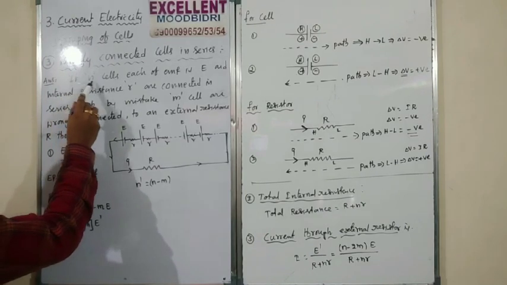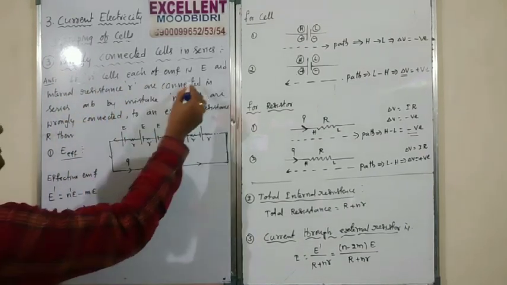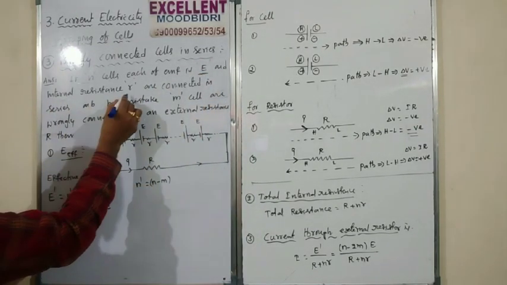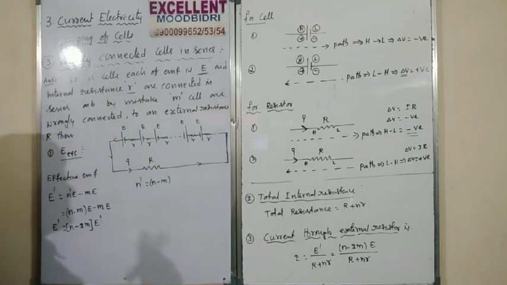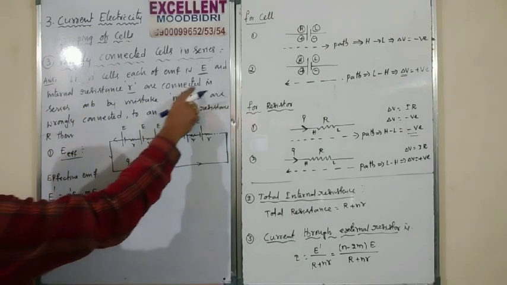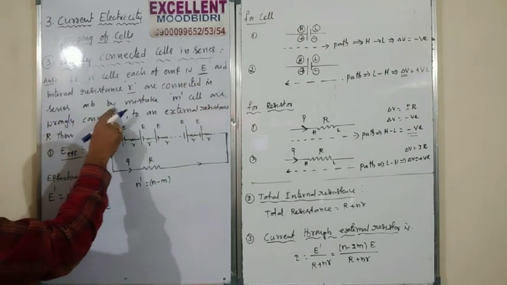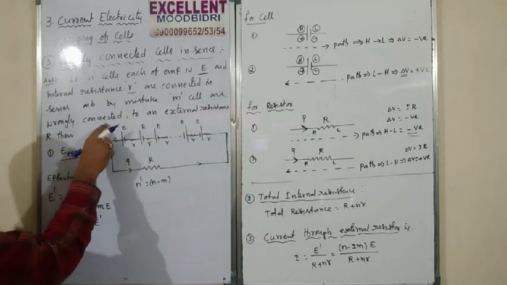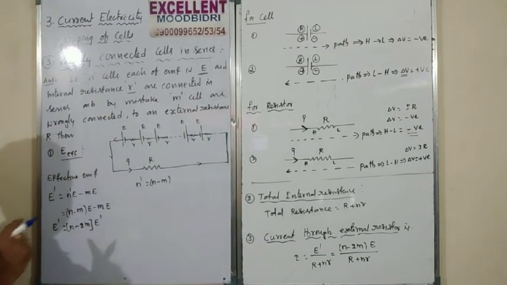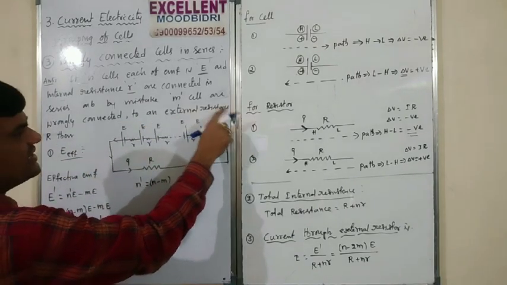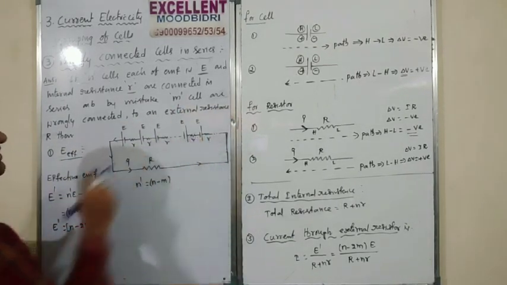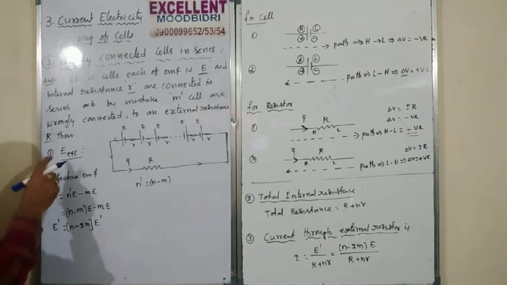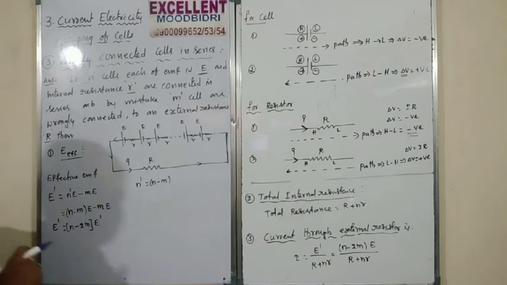So if n cells, each cell EMF is equal to E, and each cell internal resistance is equal to small r, are connected in series, and by mistake M cells are wrongly connected to an external resistance, capital R, then E effective is equal to how much?